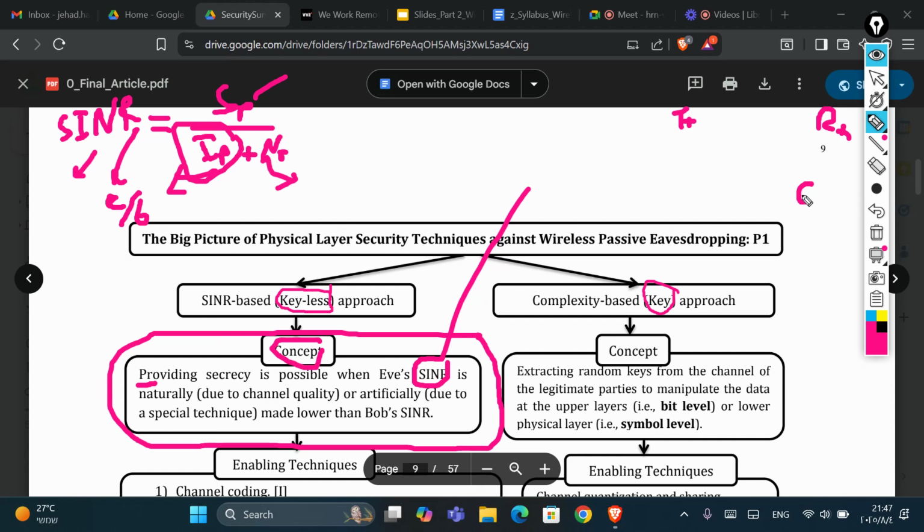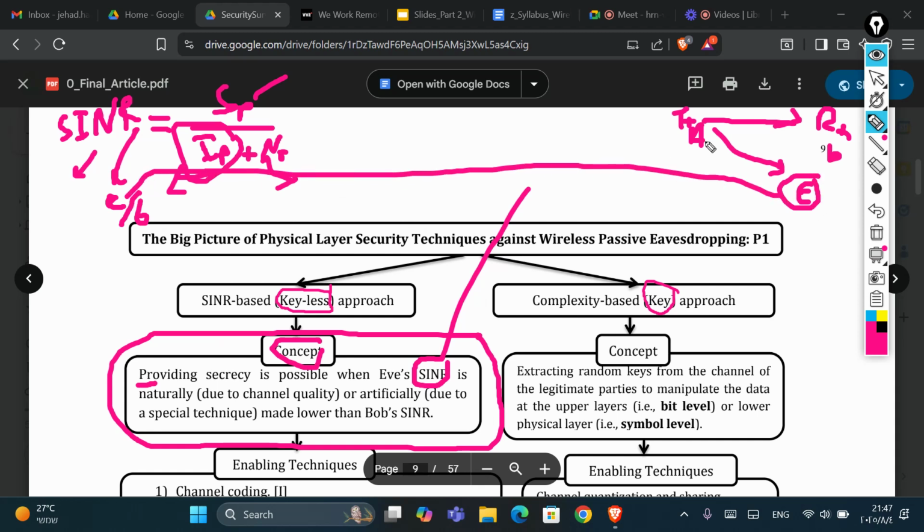We always assume the transmitter to be Alice, the receiver to be Bob, and the malicious user to be Eve. So we take the first letter of each of these users, E for Eve and B for Bob, and we have Alice the transmitter.